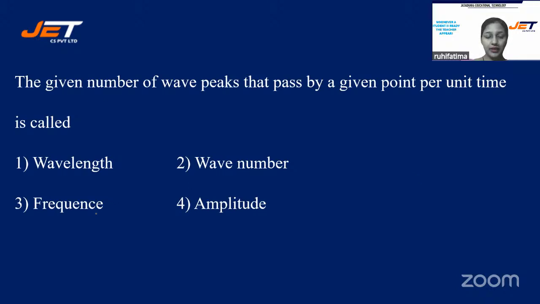Students, there is a spelling error over here, it will be Y. And option number four is amplitude. The given number of wave peaks that pass by a given point per unit time is called wavelength, wave number, frequency, or amplitude. Your 20 seconds are already running.